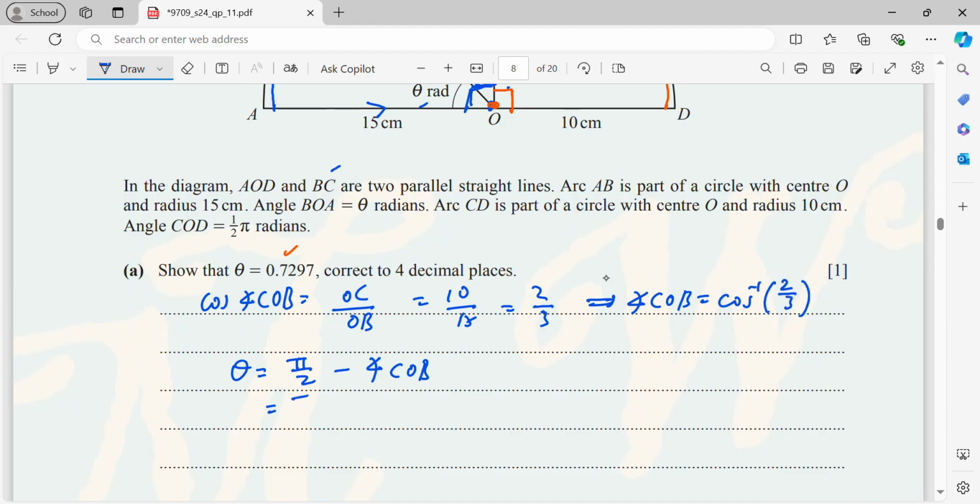So here I will write pi over 2 minus arc cos 2 over 3. And this is in radians because there are no degrees. So here it will be 0.7297. So shown. Done for A.